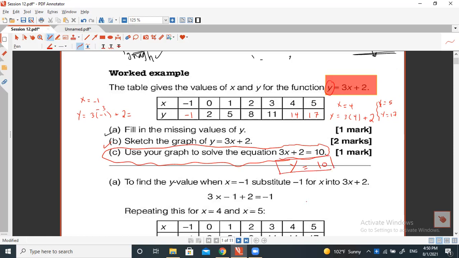Omar? Yes. You know why I put here y equals 10?